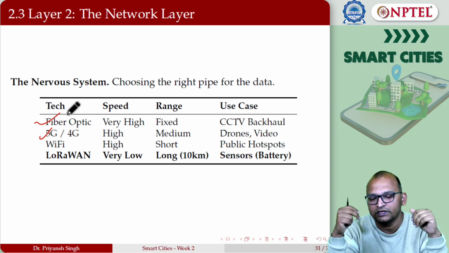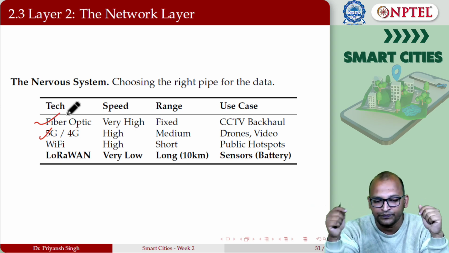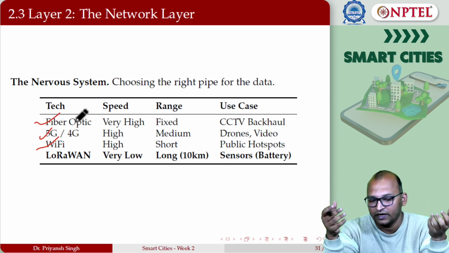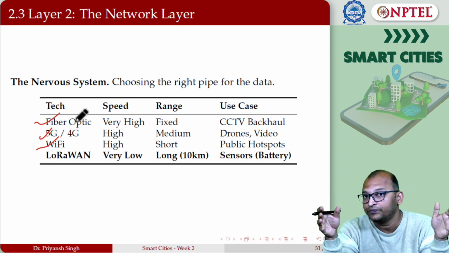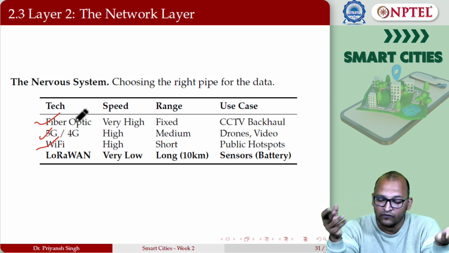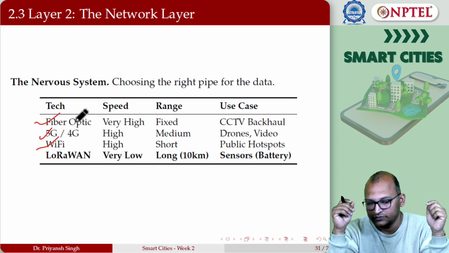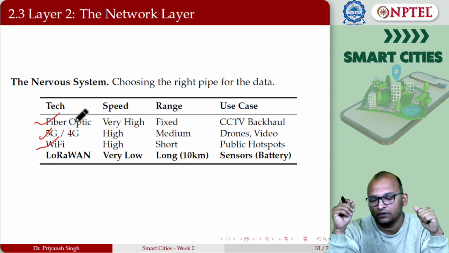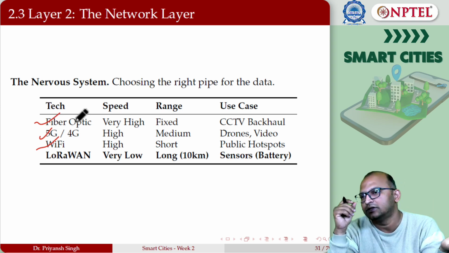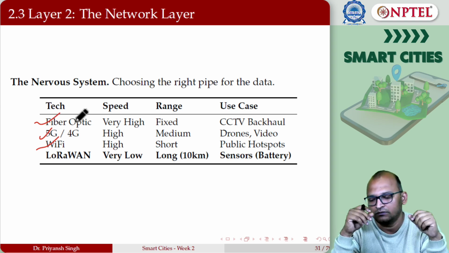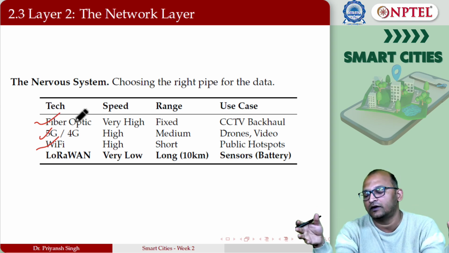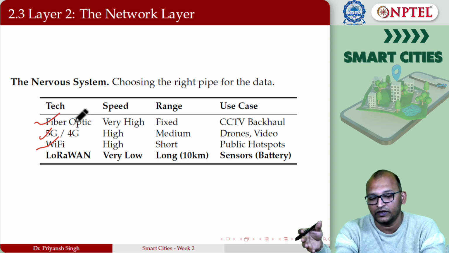So you can use this type of system maybe in drones. Then we have Wi-Fi. Wi-Fi speed is very high, but the range is short, and you can use this technology in public hotspots. Then we have LoRaWAN, or low range wide area network technology, where the speed is very low but the range is very long, around 10 kilometers.